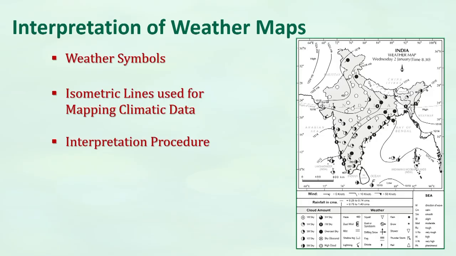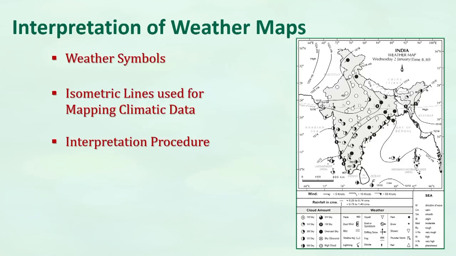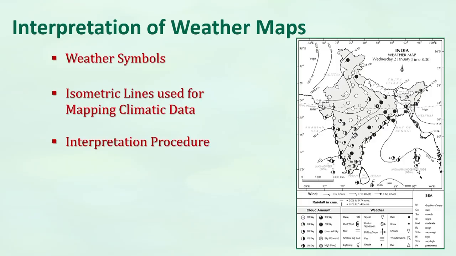So, we have discussed the major 6 elements or parameters affecting the weather condition of a particular place. Now, with this knowledge, how to read a weather map, and after reading, how to write about the weather map, that is called interpretation of weather map. Interpretation of weather map is nothing but reading the weather map, then writing about what we have observed, right. Until now we were discussing different kinds of weather parameters or elements.